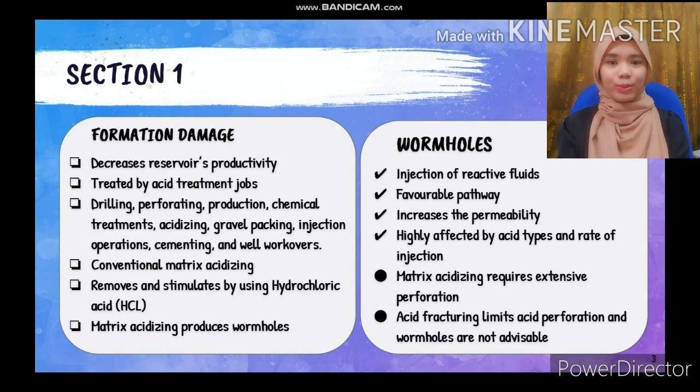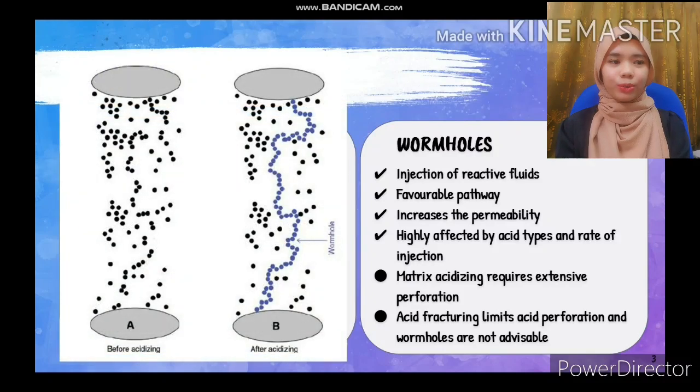Wormholes are small holes that are generated by the matrix acidizing treatments. The injection of reactive fluid takes place in the deepest part of the wellbore. Wormholes are a favorable pathway because the more wormholes there are, the better the reservoir's permeability is.